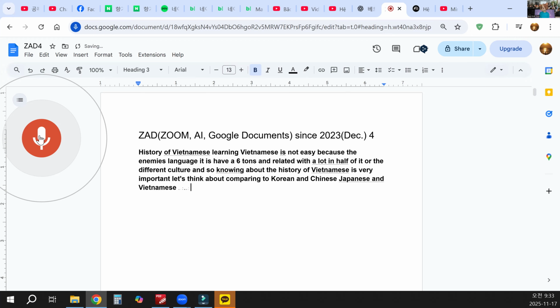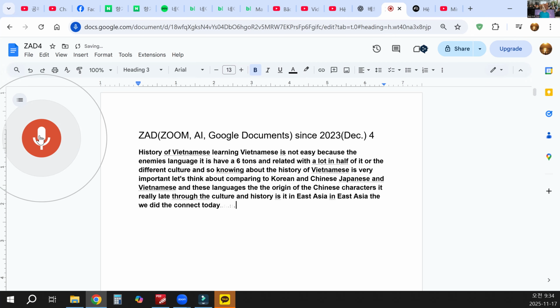For these languages, the origin of the Chinese characters is really related to the culture and history in East Asia. East Asia is connected naturally from north to south, from Northeast Asia to Southeast Asia.